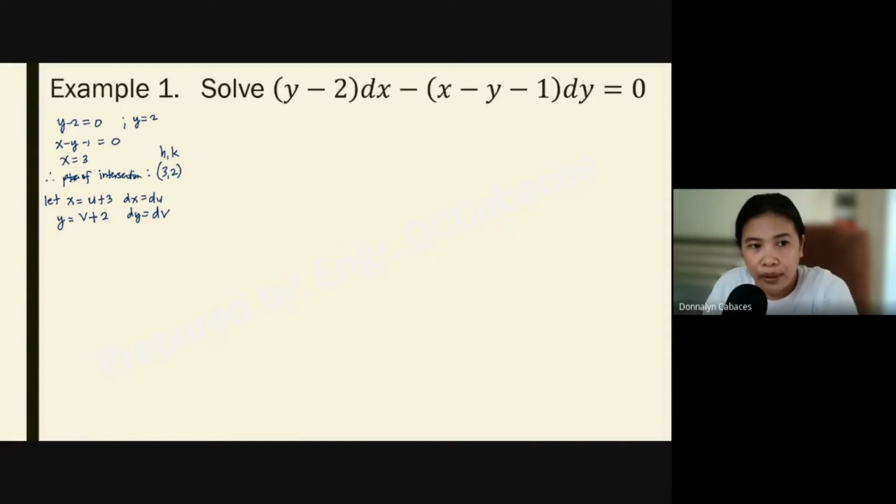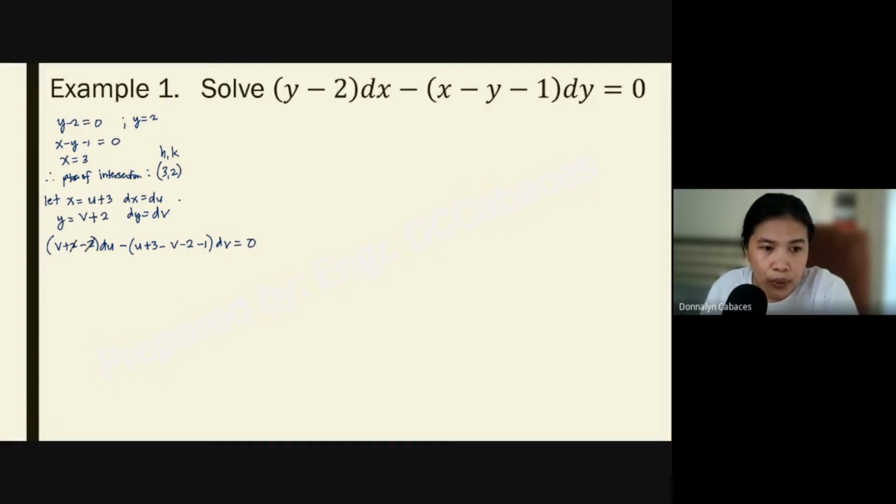Then after that, let us try to substitute this to our given differential equation. So y is v + 2 - 2. Our dx is du, minus, our x is u + 3, our y is v + 2, so minus v minus 2, then minus 1, and our dy is dv, equal to 0.